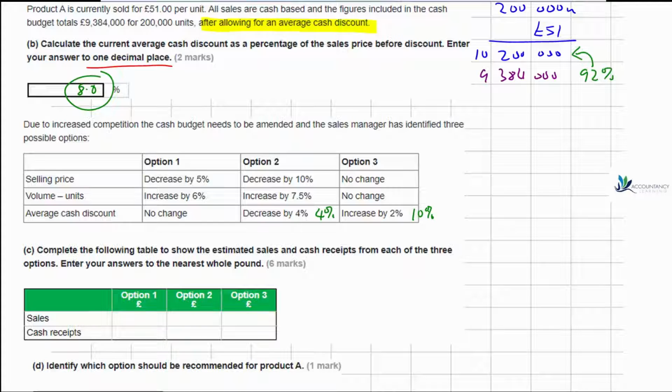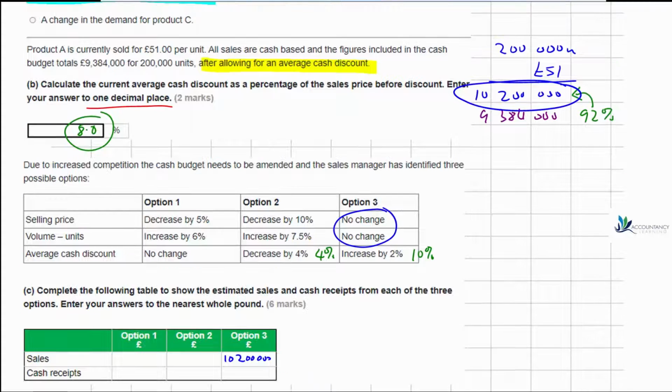So where should we start with this? In terms of our exam technique, the best place to start will be option 3. Because in option 3, there's no change to the price and no change to the volume. So our original sales price, then we're expecting it to be 10,200,000. Remember, that's the number we worked out here. And we're expecting the cash discount to increase to 10%.